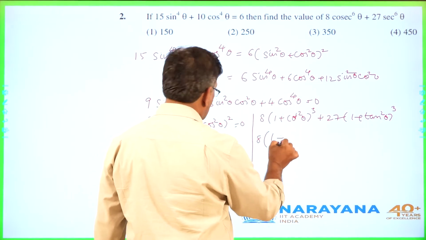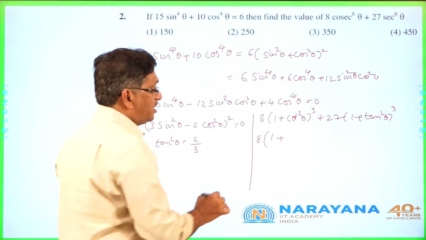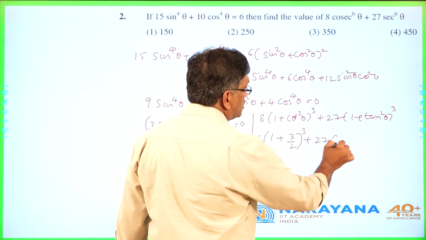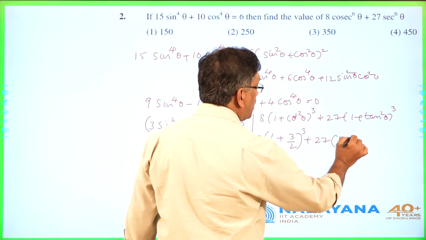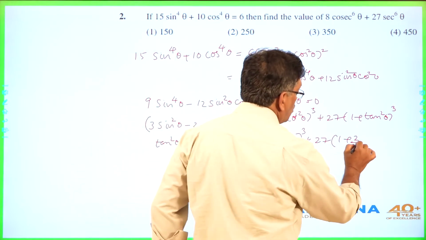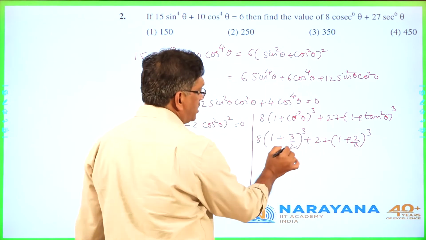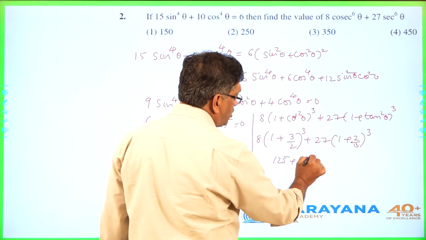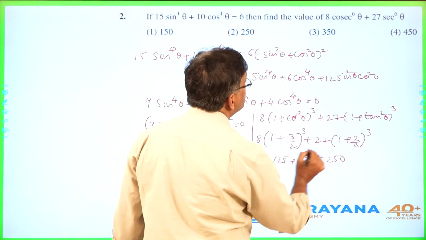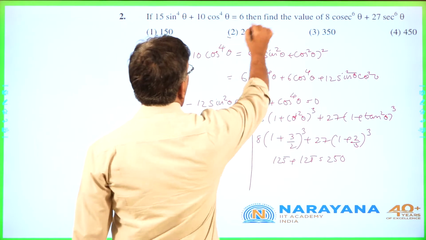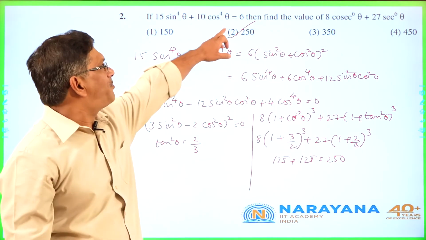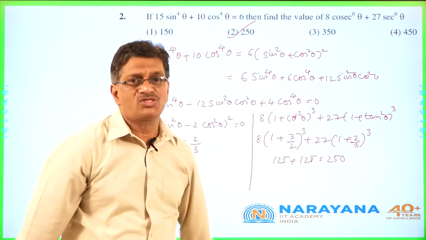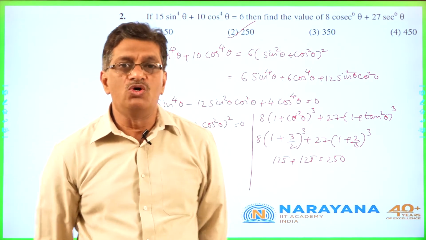Tan square is 2 by 3, so cot square is 3 by 2. It is (5 by 2) whole cube times 8, that is 125, plus 27 times (5 by 3) whole cube, that is also 125. So it is 250. Whenever this type of problems are there, that 1 in 6 into 1 has to be taken as (sin square plus cos square) and whole square.